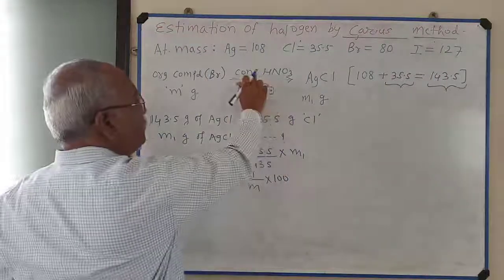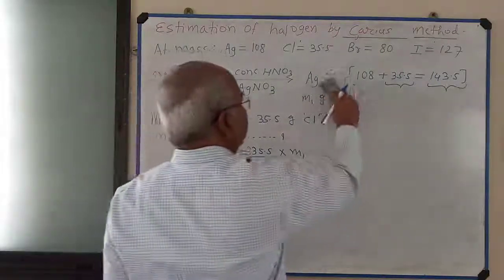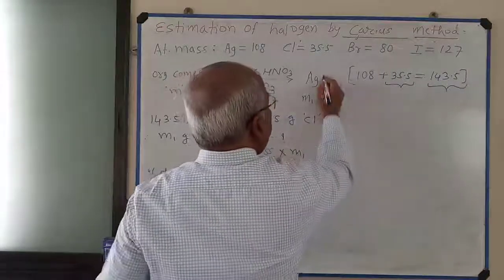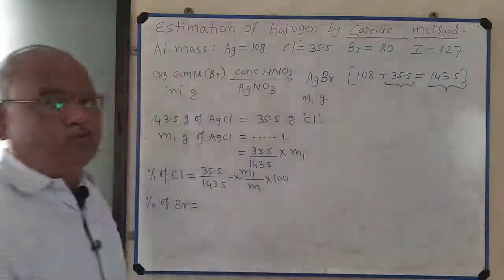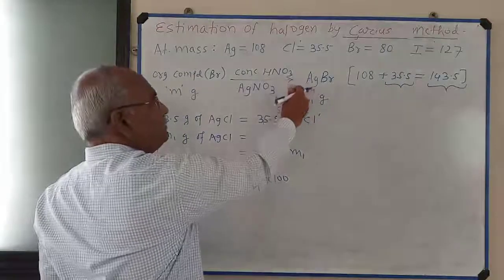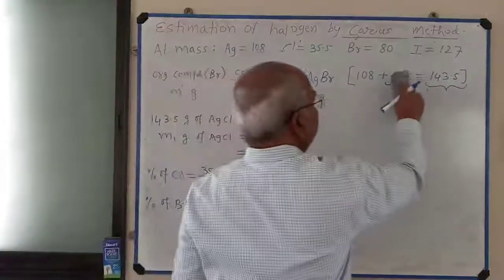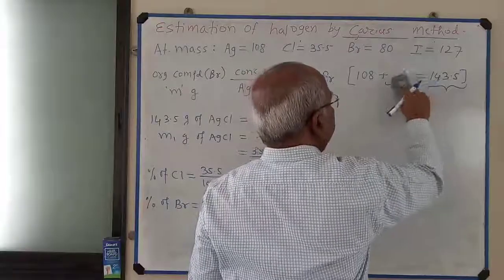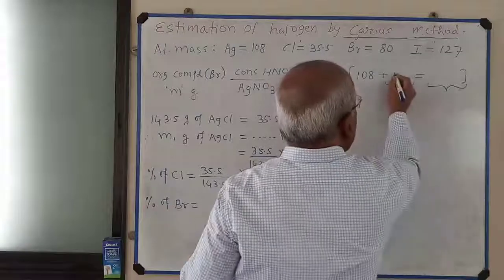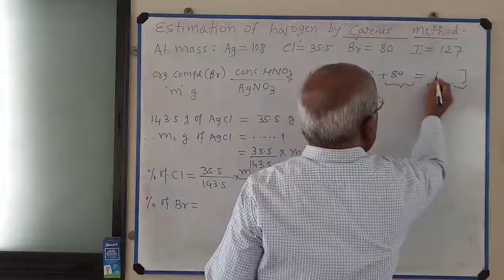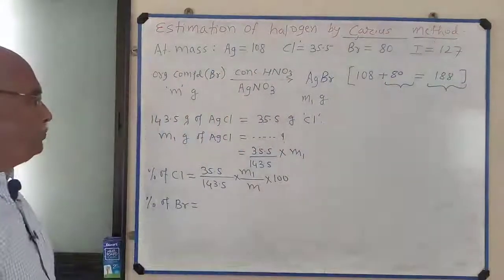On treatment with concentrated HNO3 and silver nitrate, it is converted into AgBr, silver bromide, having mass m1 gram. Calculate the molar mass of silver bromide: 108 plus 80, that is equal to 188.